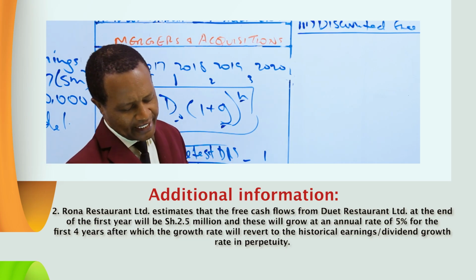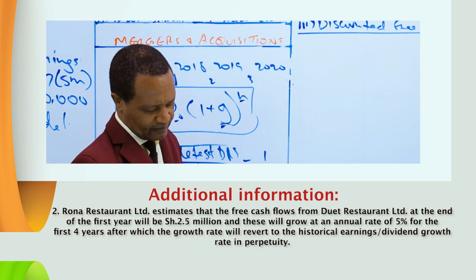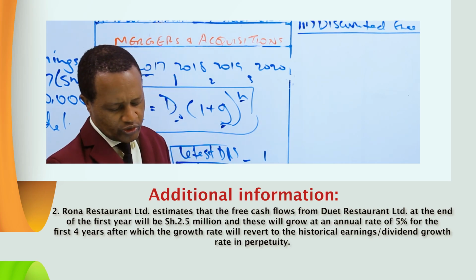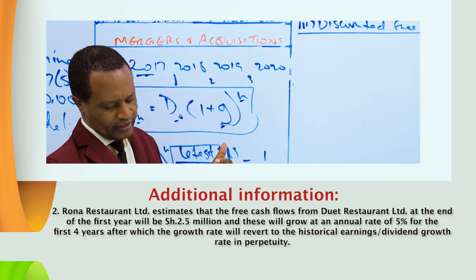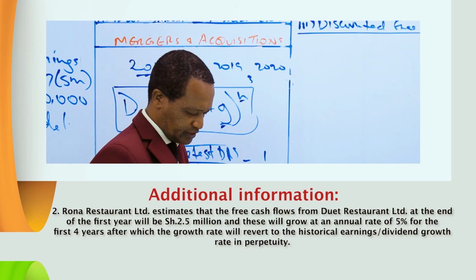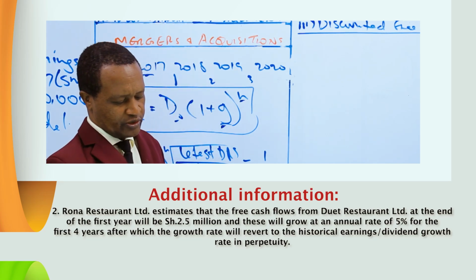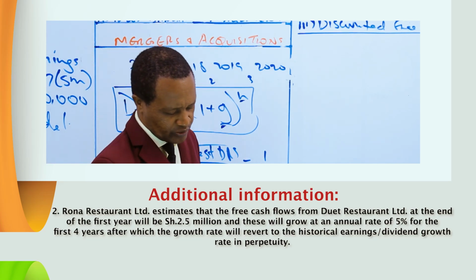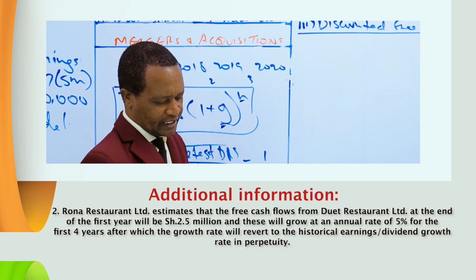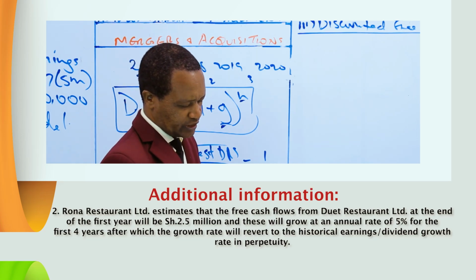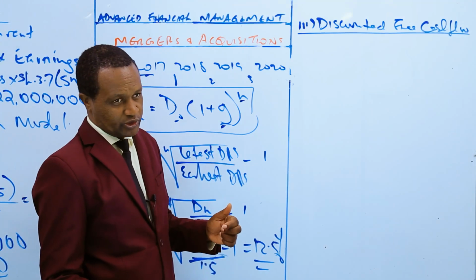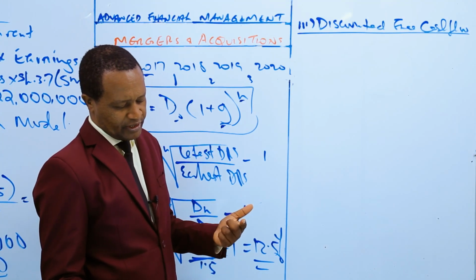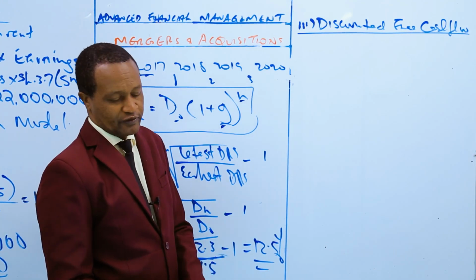This will grow at an annual rate of 5% for the 4 years, after which the growth rate will revert to the historical earnings dividend growth rate in perpetuity. So that information is going to help us determine the future cash flows.